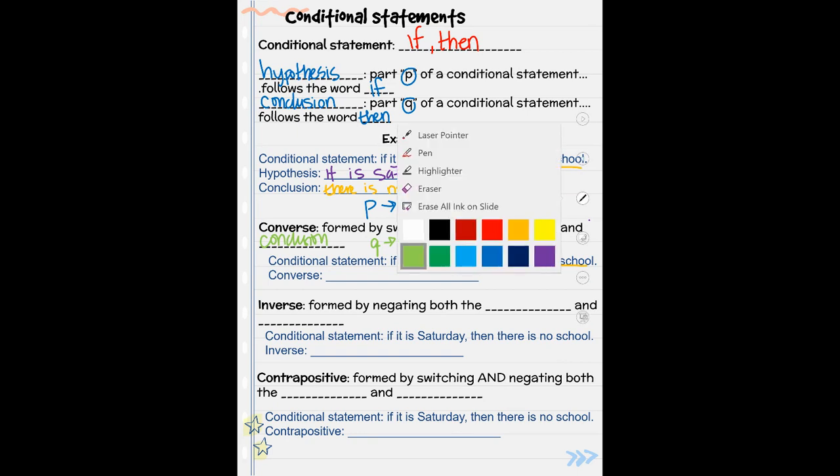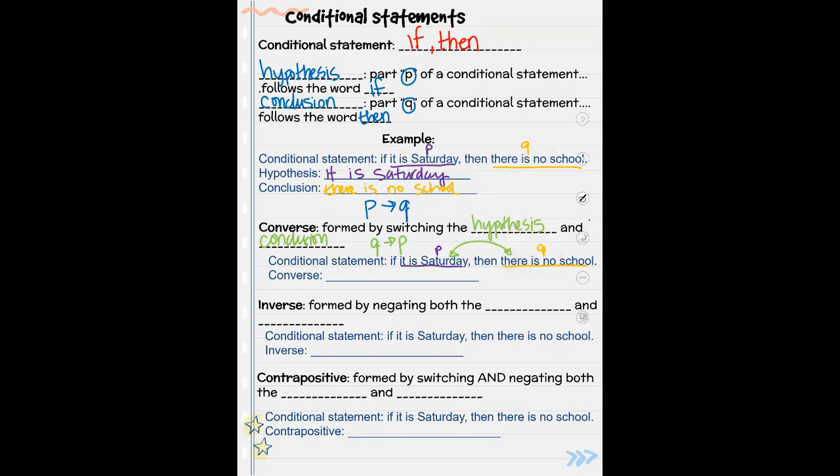So our new statement becomes: if there is no school, then it is Saturday. You're just swapping the phrases for what comes after what.